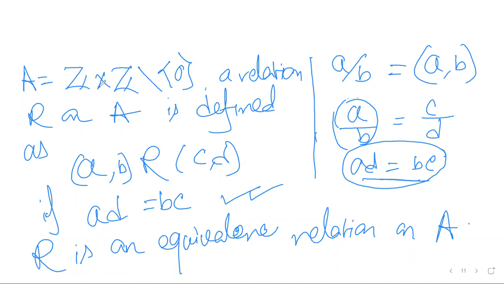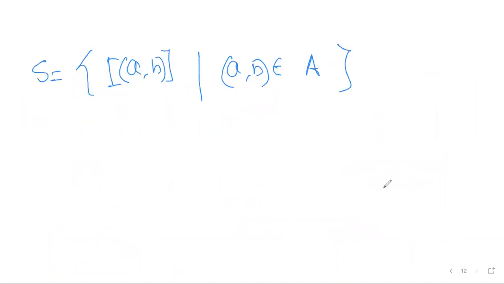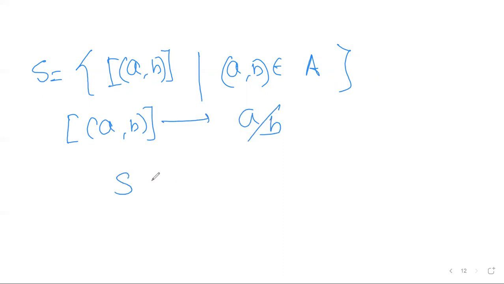Don't confuse it: A is this set. So every equivalence class now corresponds to a comma b elements. So S is actually my Q set. Fine. So the construction of Q is complete.